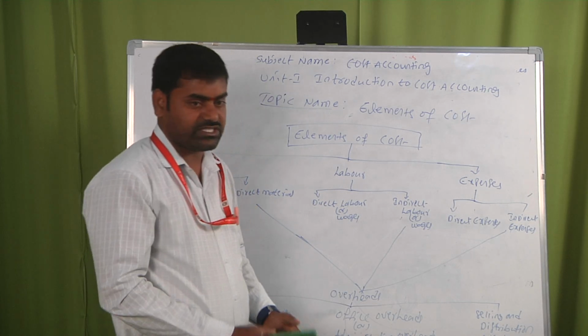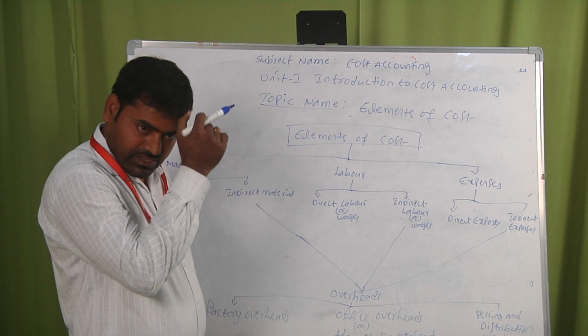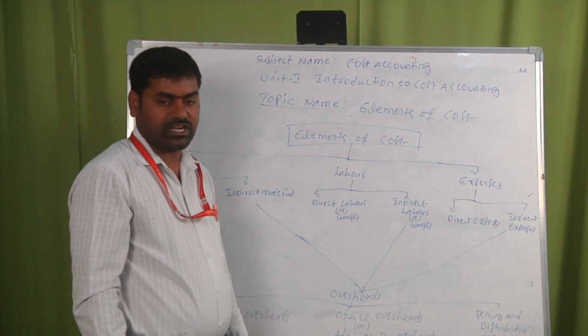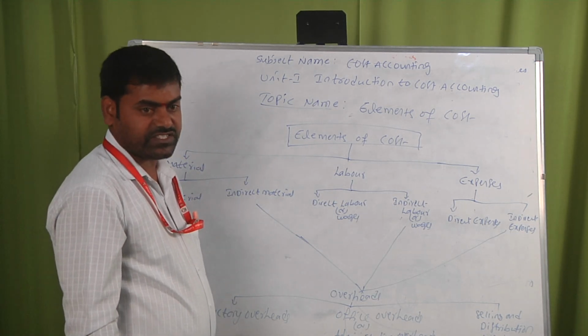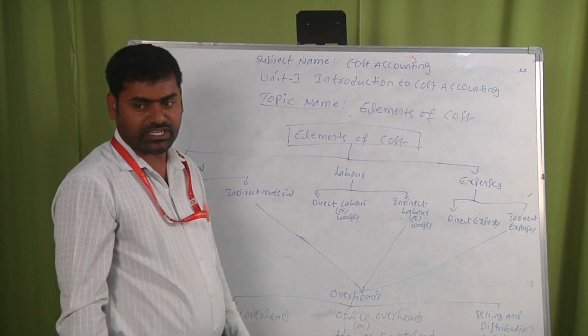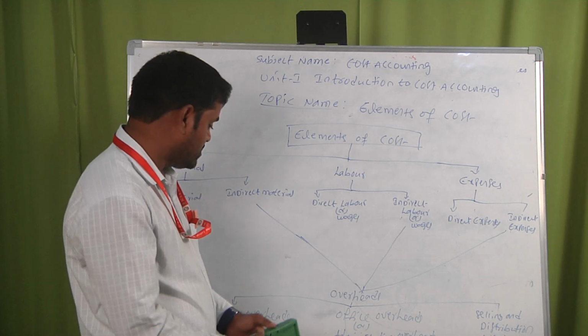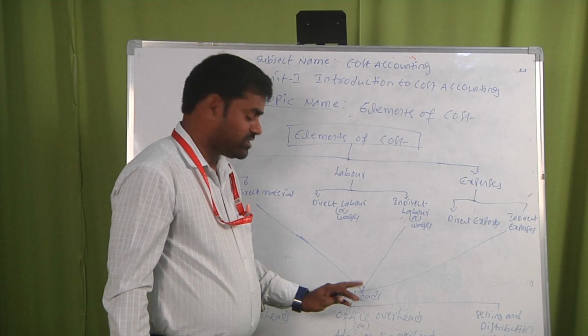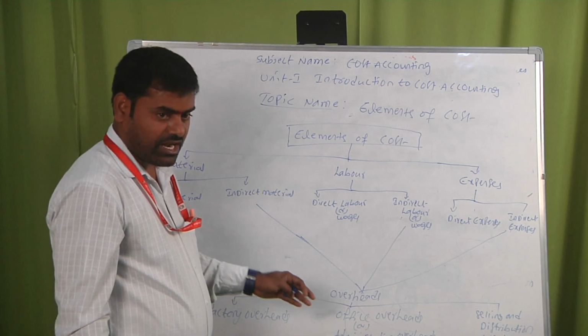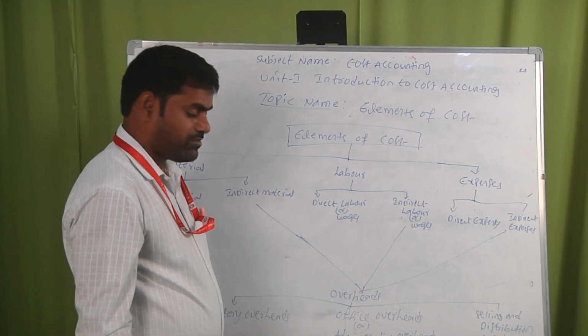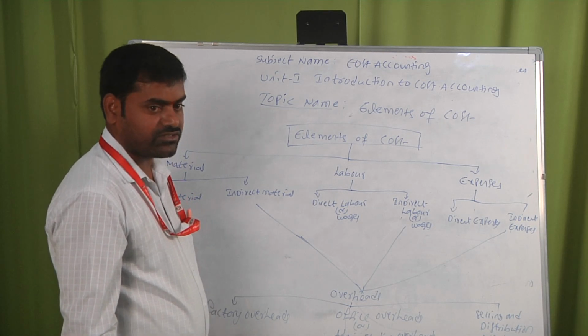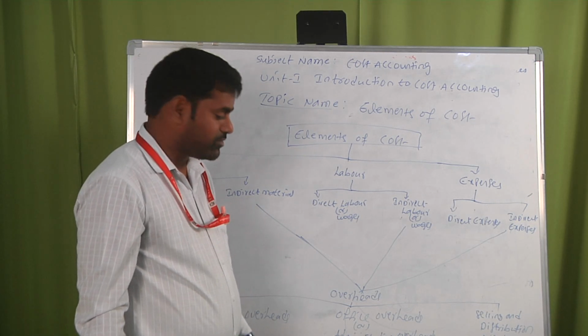Examples are office salaries, telephone charges, and legal charges; whatever administration expenses are incurred in the particular department come under office overheads. After adding the office overheads, we get the cost of production of goods sold.